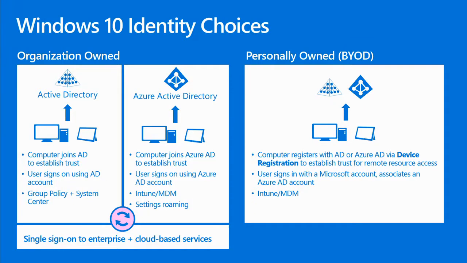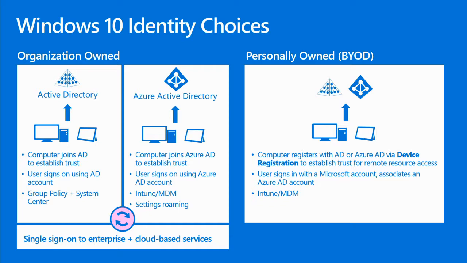So we end up with a few different scenarios around Azure AD. We have the org-owned machines, which we can join into Azure Active Directory directly. We can log in with those accounts. We can then access cloud-based resources and even get single sign-on support into on-prem resources as well. So imagine a cloud-based machine that comes into a corporate network. It can still get to corporate resources too.